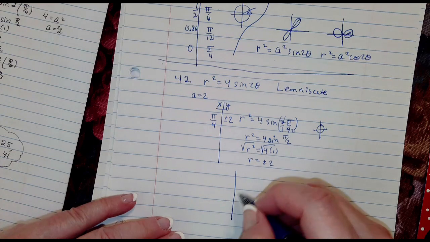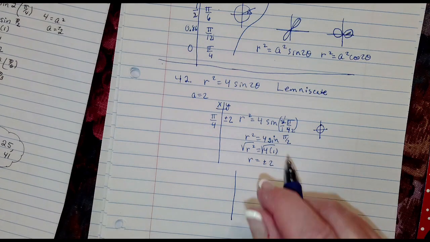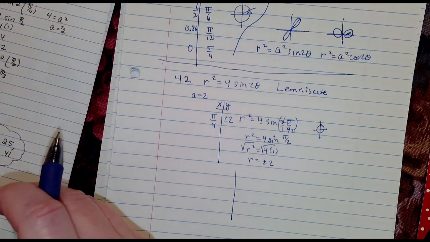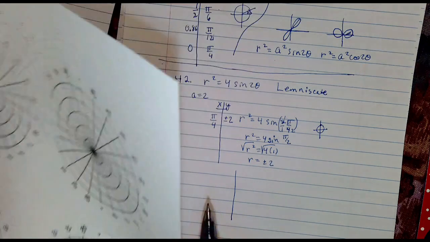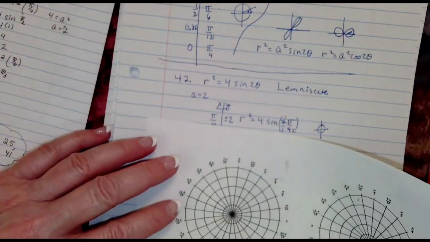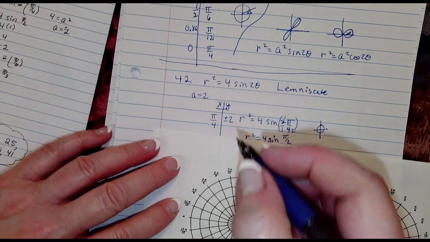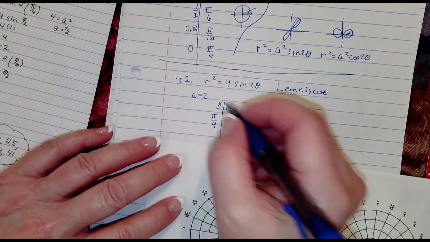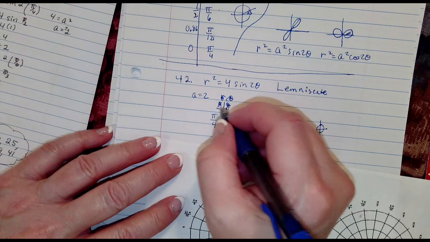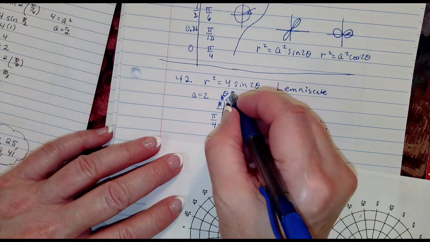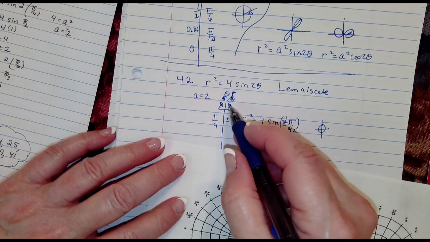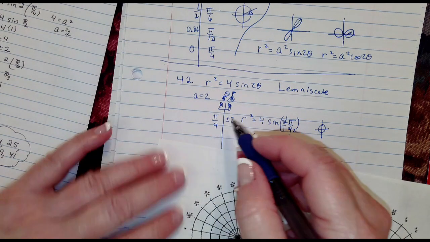You're just going to go to the graph. Let's get one of the prettier ones. All right, so we're going to graph pi over 4, except this is not x and y, this is r and theta. It's actually theta and r. So this is going to be r and theta, but our plus and minus 2 and our pi over 4.